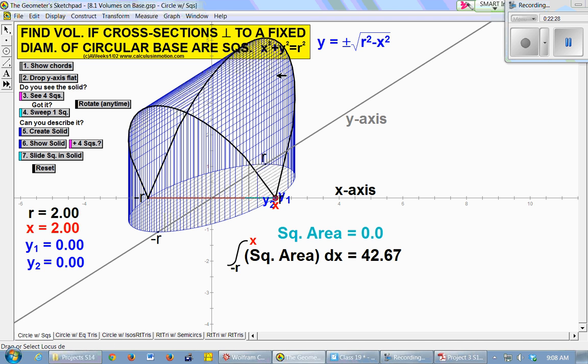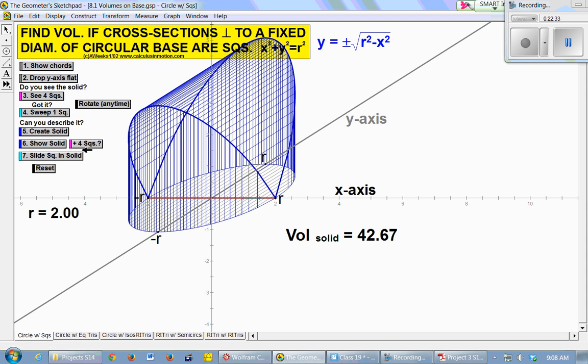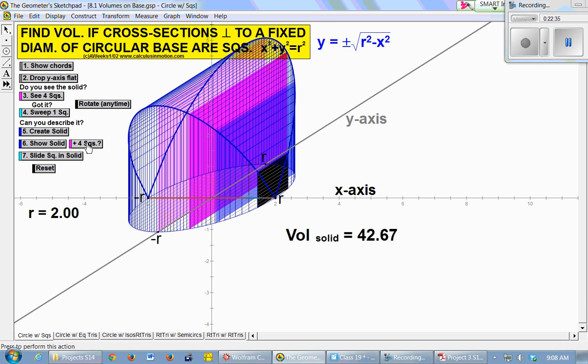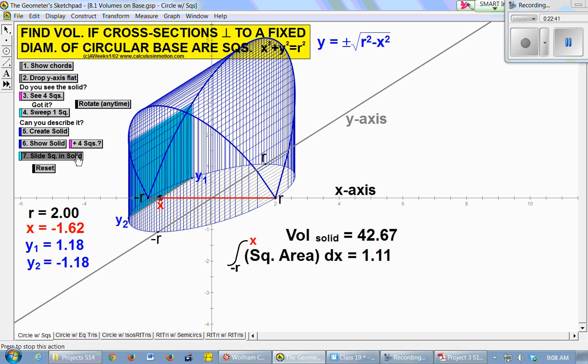Circular base, square cross sections. And then there's my original 4 squares that we were using to visualize this. And there's our sliding square within the solid.